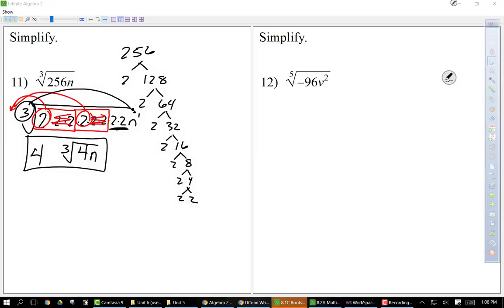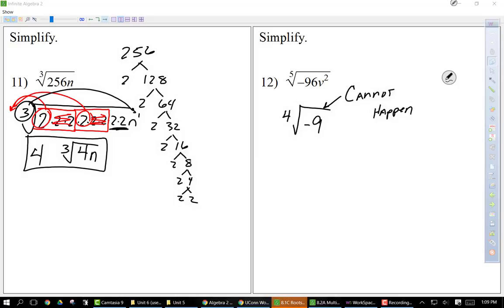All right. Now, you might be looking like, well, I have a negative in there. That kind of is confusing. So here's some background on this. When I have an even root with a negative inside, this cannot happen. Why not?